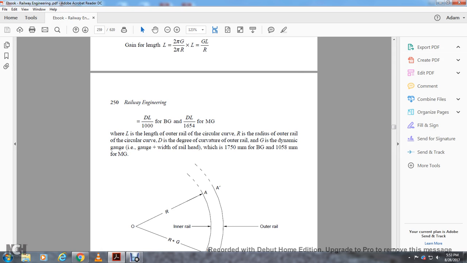L is the length of the outer rail of the circular curve, R is the radius of the outer rail of the circular curve, D is the curvature of the outer rail. G is the dynamic gauge plus the width of the rail head, which is 1,750 millimeters for broad gauge and 1,508 millimeters for meter gauge.